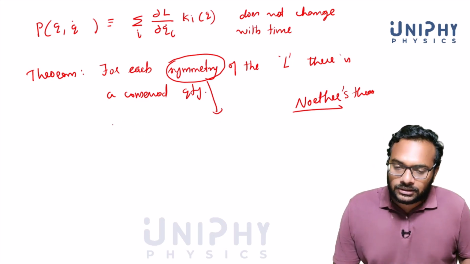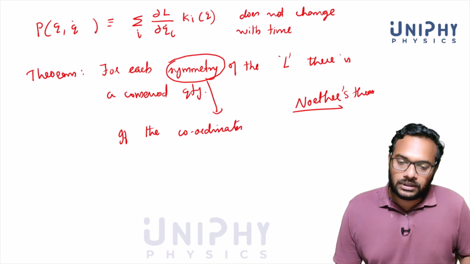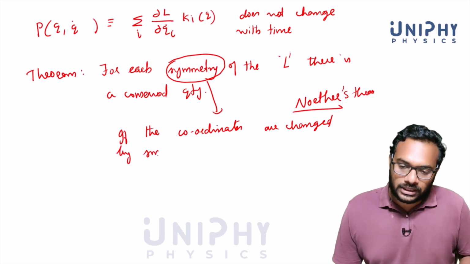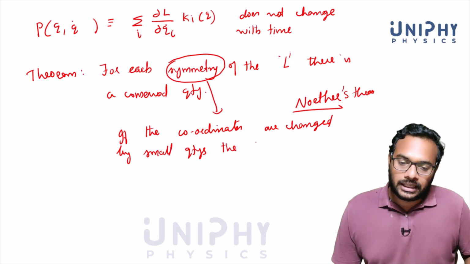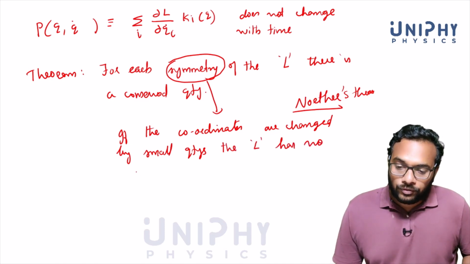All right. So by symmetry we mean that if the coordinates are changed by small quantities, the Lagrangian has no first order change.